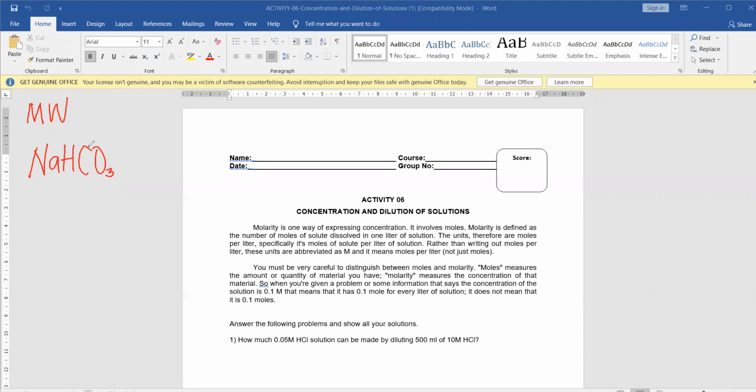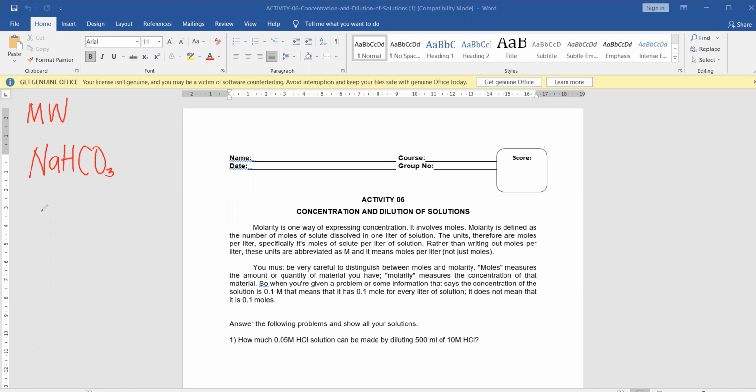By the way, you are not yet done with the correct pag-write ng chemical formula ng ating mga chemical substances, because sometimes it may be given in words or chemical name yung binibigay, and then you have to compute for the molecular weight. So definitely you have to know how to write the chemical formula para correct din yung makompute nyo na molecular weight.